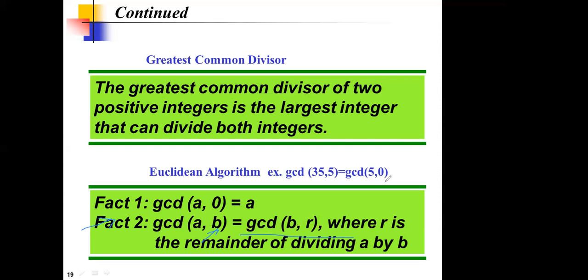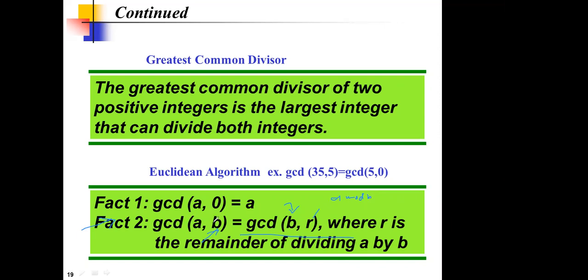So if I want to find the GCD of two numbers, let's say B is the smaller number, we can go for a smaller form: it becomes GCD(B, R), where R is A mod B, the remainder.